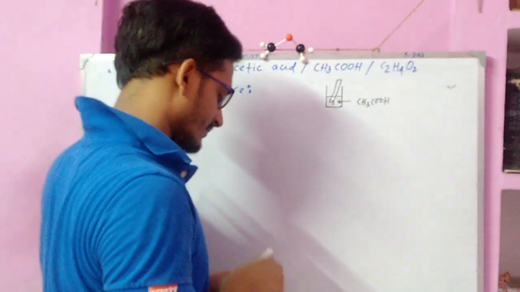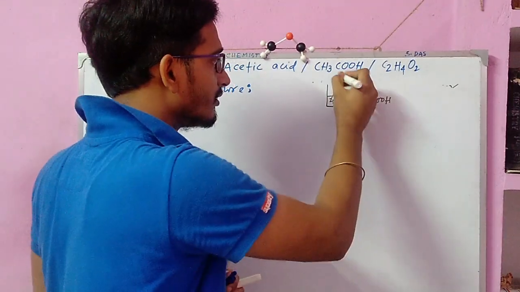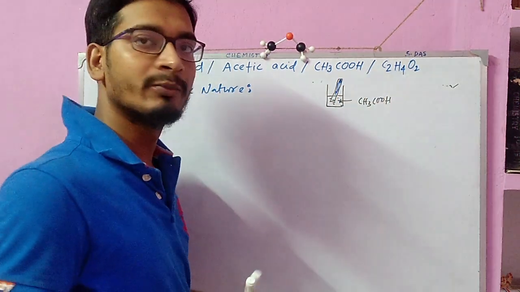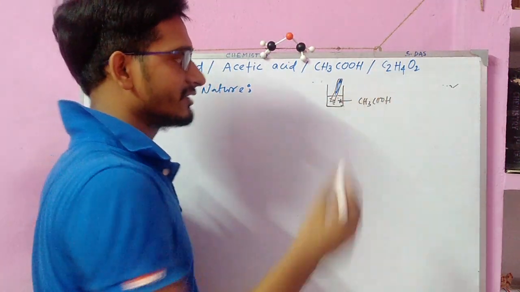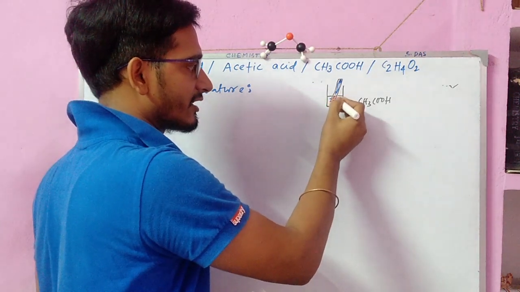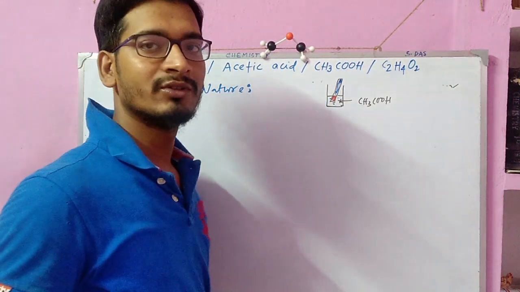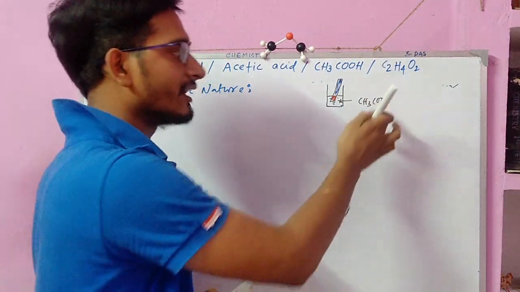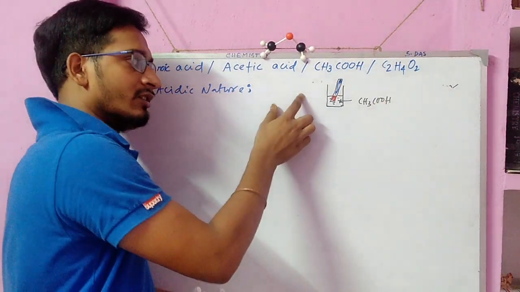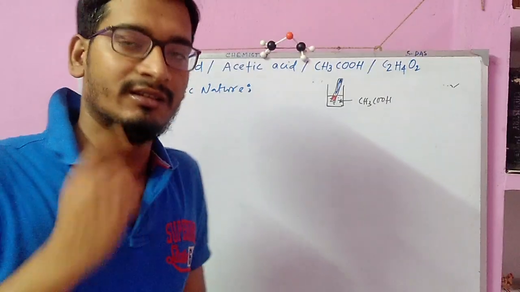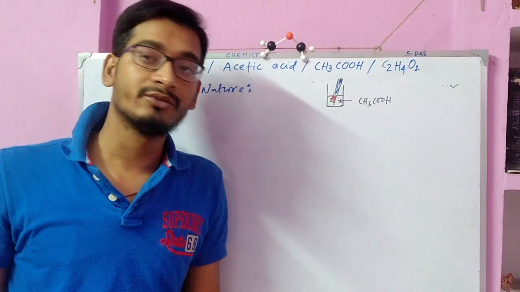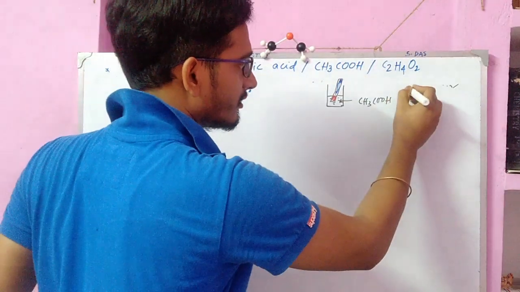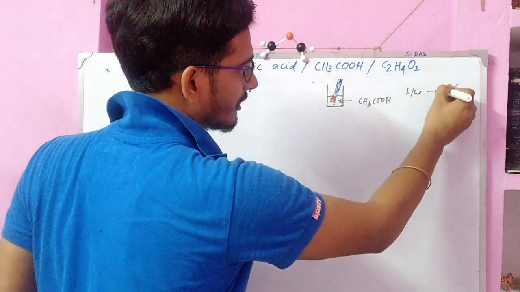This litmus paper is of blue color. Now when you place it in acetic acid, it changes its color from blue to red, indicating this is an acidic substance or acidic solution. So when you place a litmus paper in the acetic acid solution, the blue litmus paper changes its color from blue to red.